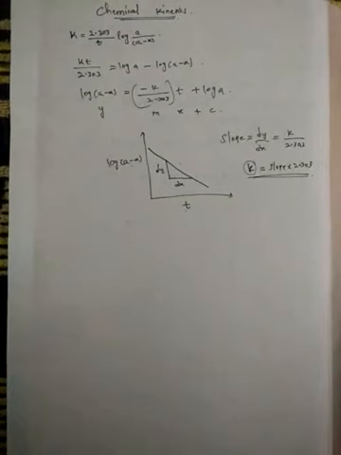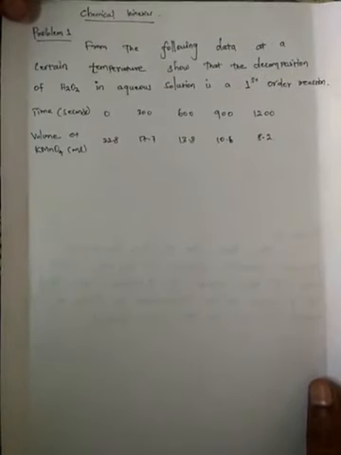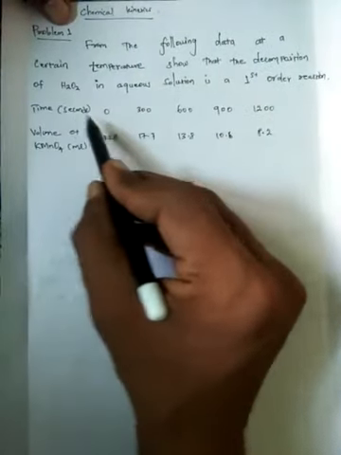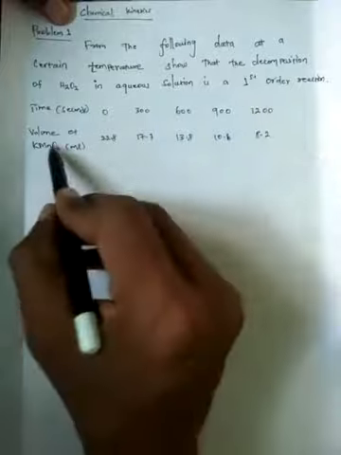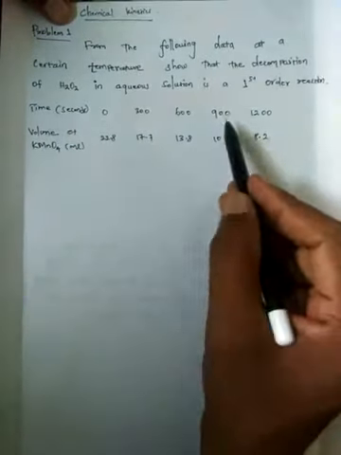Next, I would like to explain a few problems. The problem is, data is given here at various time. They have given the volume of KMnO4 in ml.